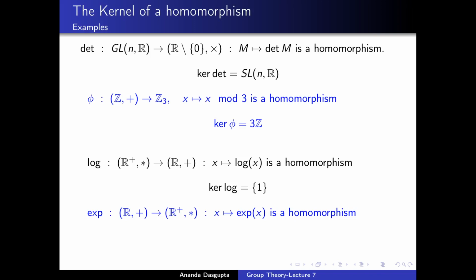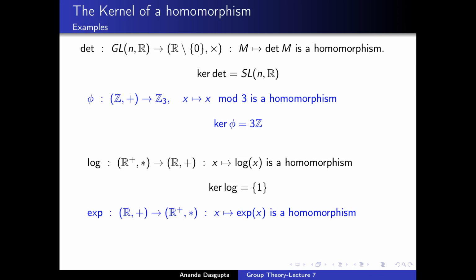And once again, in this case, finding out the kernel of the exponential map is trivial. All you have to do is find out which element or elements map under the exponential to the identity of R plus comma star. The identity element in R plus comma star is obviously the standard identity under multiplication, which is 1.